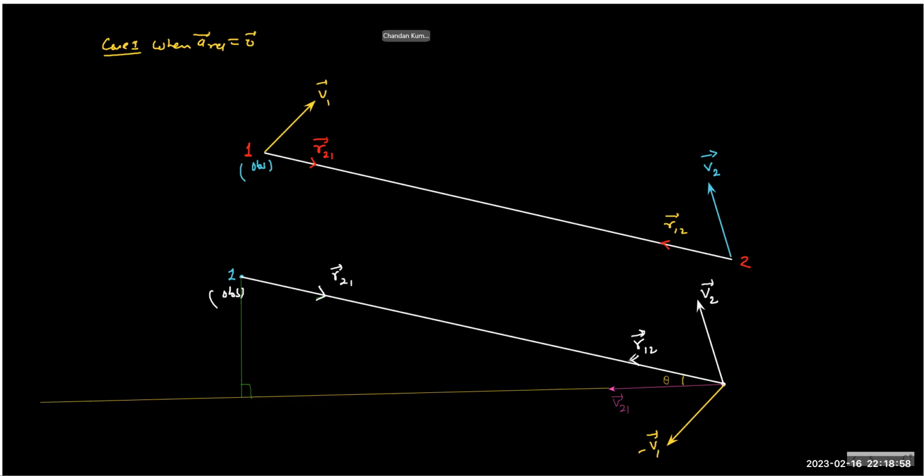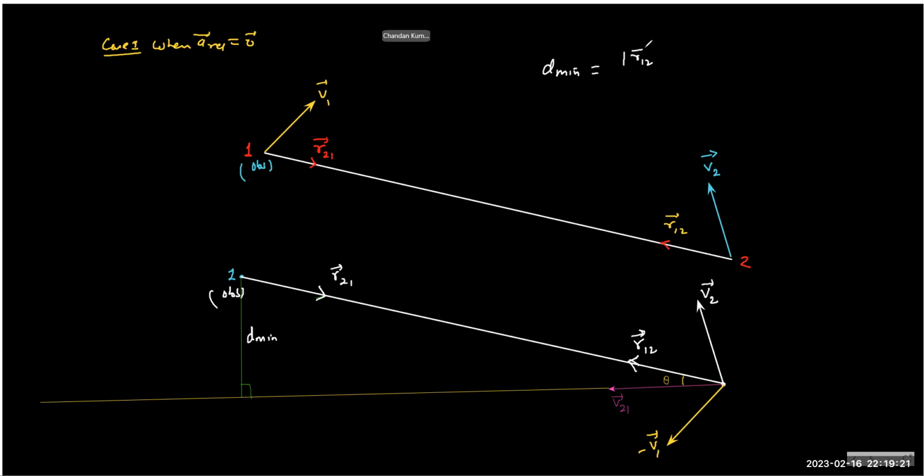So theta is the angle between which two vectors? R12 and V21. Correct.